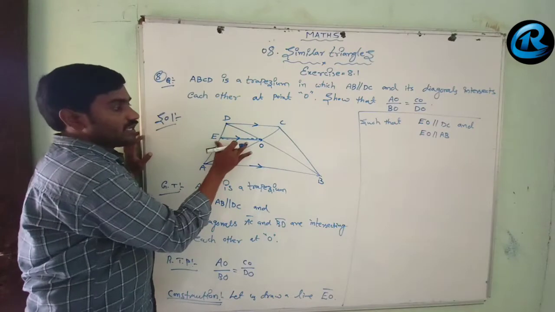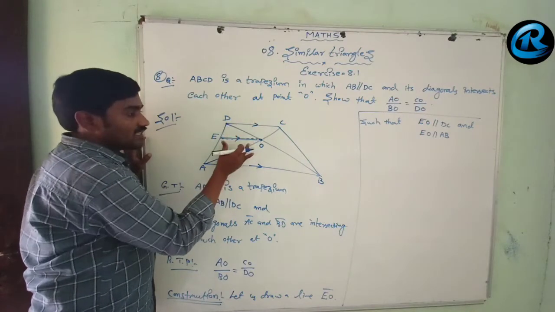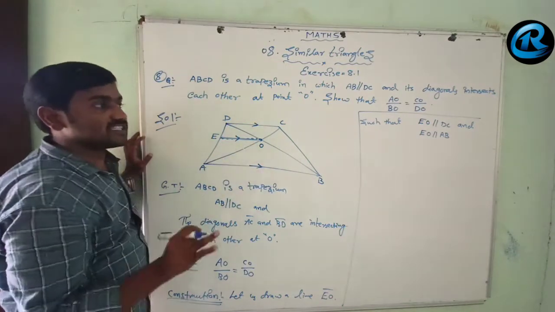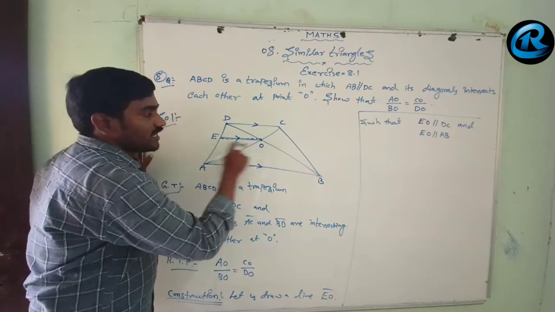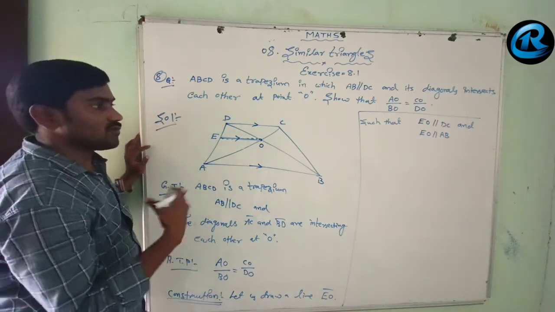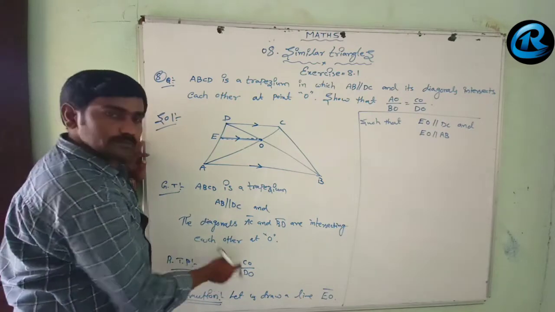In such a way, EO is parallel to DC and EO is also parallel to AB. In such a way, we have to construct EO. Okay.